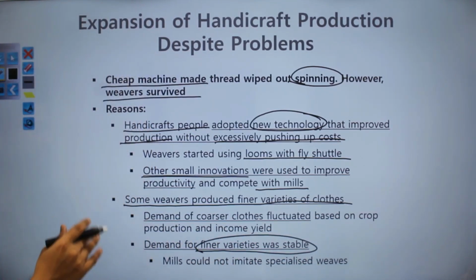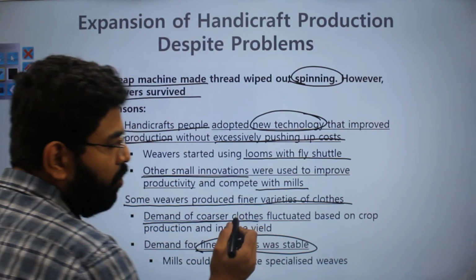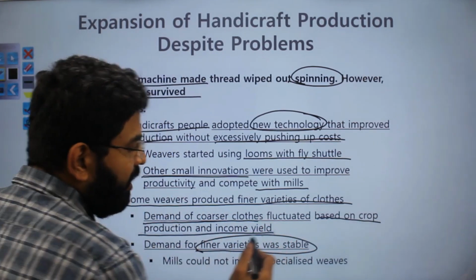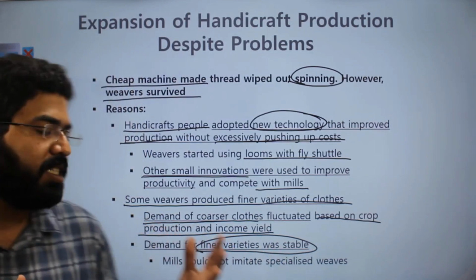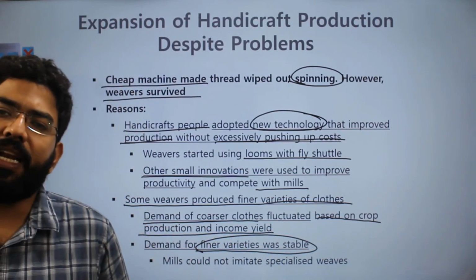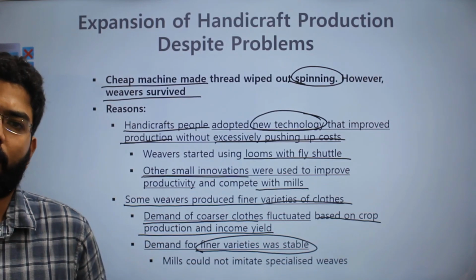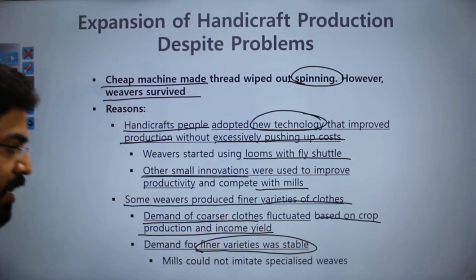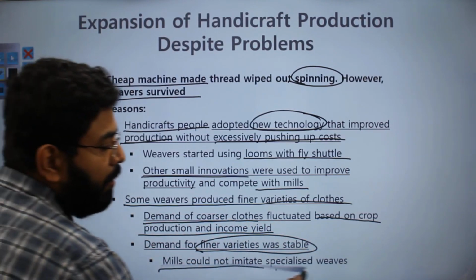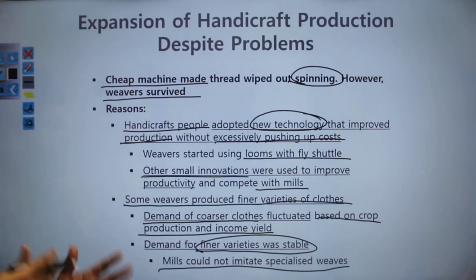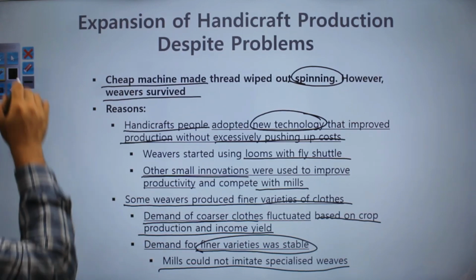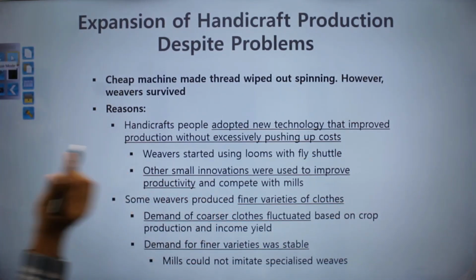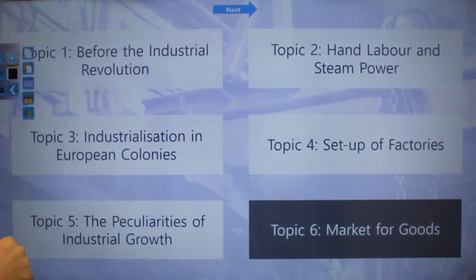However, demand for coarser cloth fluctuated based on crop production and income yield, because coarser cloth is basically for the lower and middle class, and hence they depended a lot on crop production and income. Hence the demand fluctuated. Now, the mills could not imitate the specialized weaves which the weavers made, so they could not compete. Indian mills could not compete with the weavers, hence the weavers actually flourished.